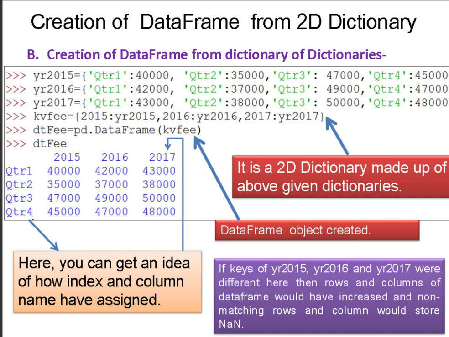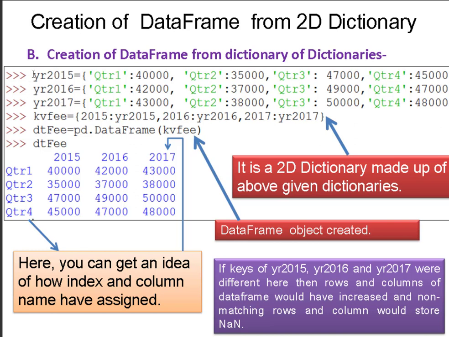So these are the collections of fees in 1, 2, 3, 4. As it is the second year, I have the fees collection record of 1, 2, 3, 4 like this, and the next dictionary has the records of 2017, like this, quarterly 1, 2, 3, 4. So this is the dictionary.